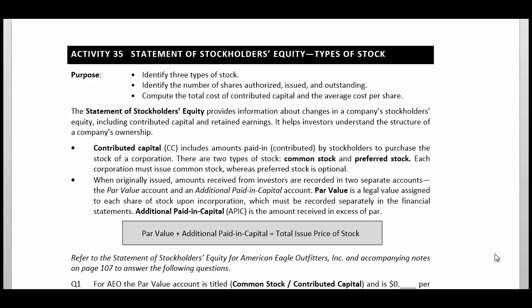Now, you can have basically 3 different kinds of stock, and one of them isn't really stock, it's negative stock, believe it or not. The 2 basic kinds of stock are called common stock and preferred stock. Very few companies actually have preferred stock. I'll talk about it in a moment.